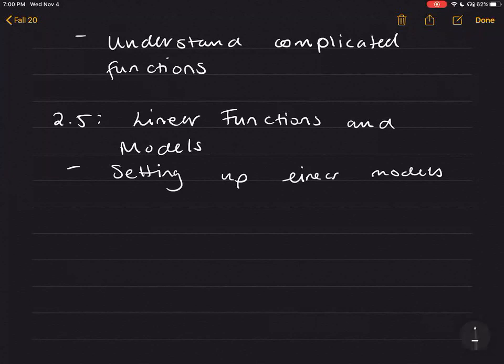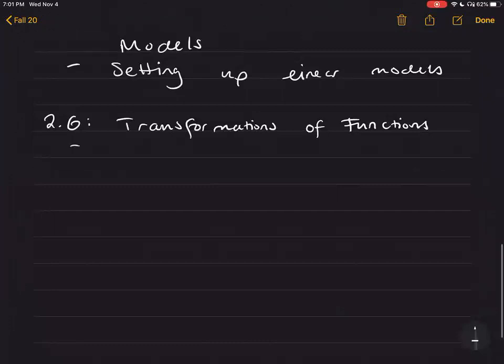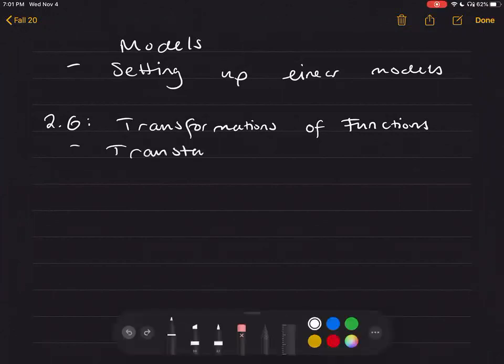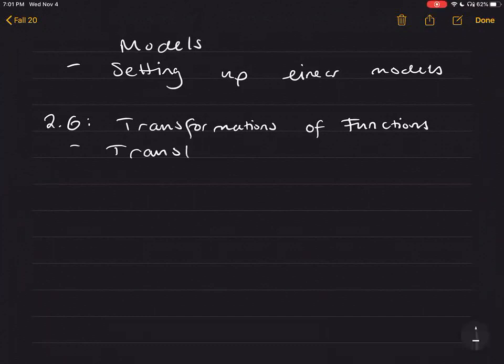All right, 2.6, which is the last section that we've covered before the midterm, is on transformations of functions. The main types of transformations that we talked about were translation, reflection and scaling.